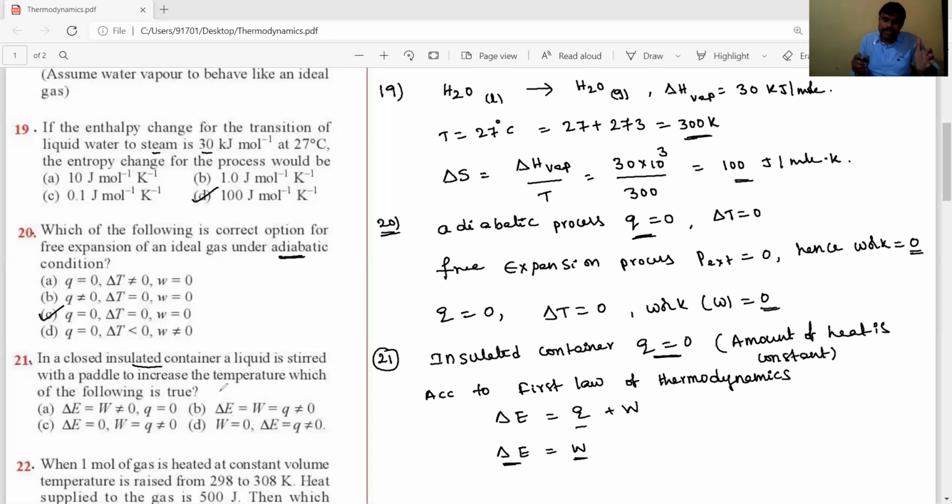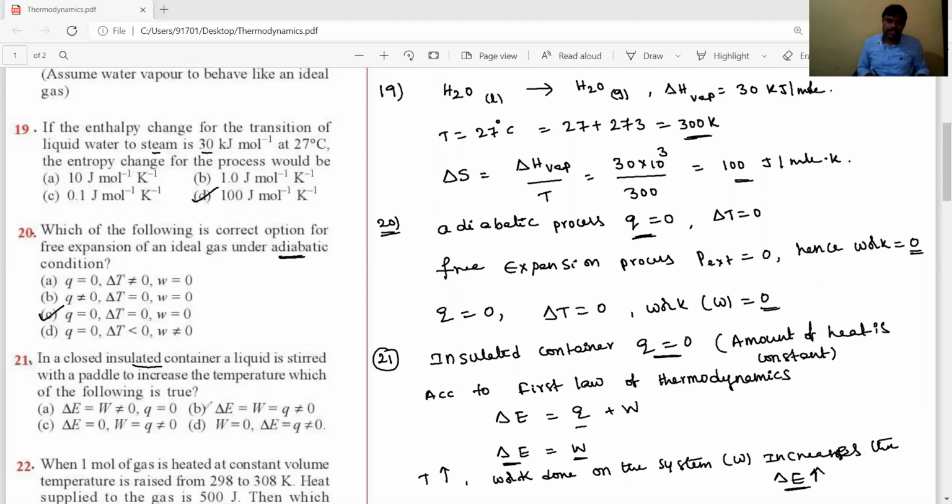The closed insulated container is stirred with paddles, increasing the temperature. If the temperature increases, work is done on the system, W increases the internal energy, and the delta E value increases.